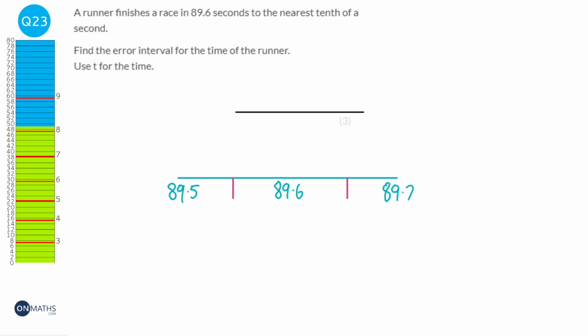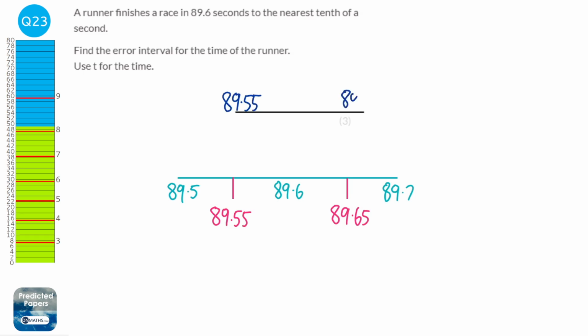So halfway between 89.5 and 89.6 is 89.55. And halfway between 89.6 and 89.7 is 89.65. So those are going to be our lower and upper bounds.